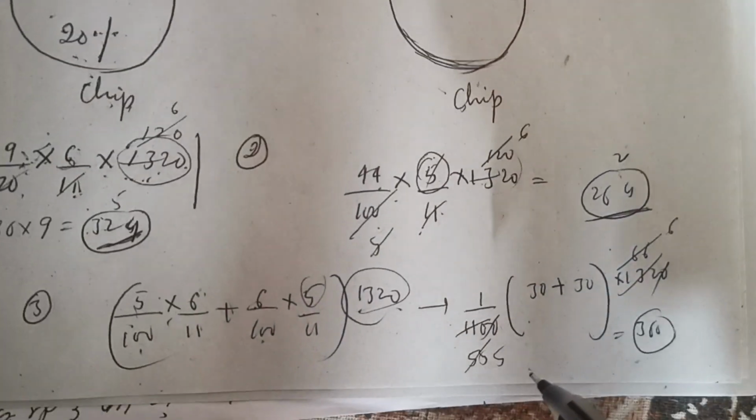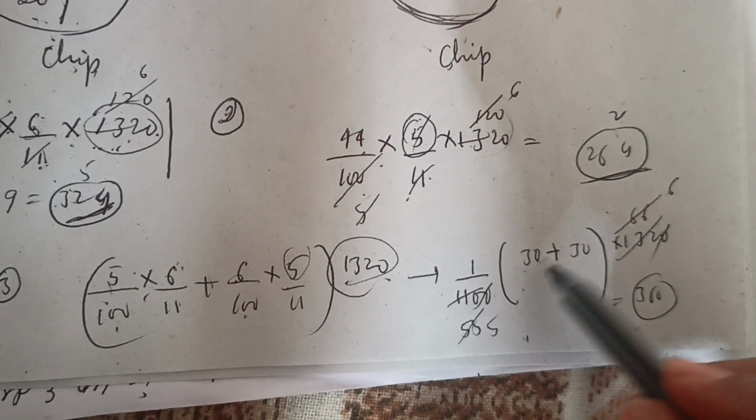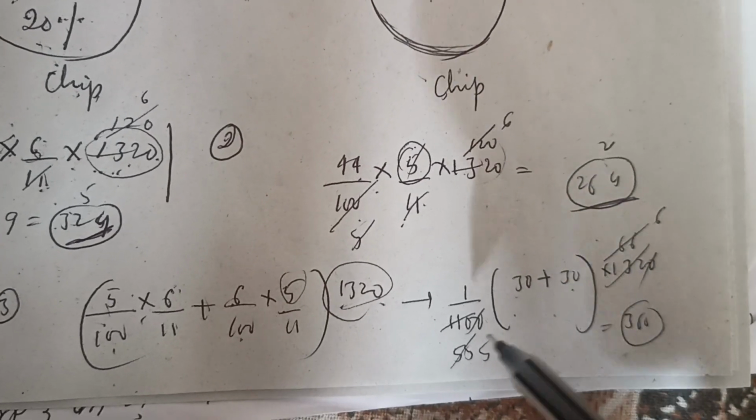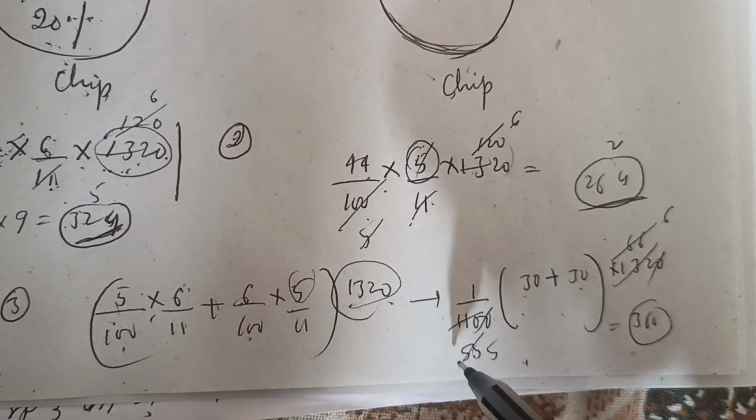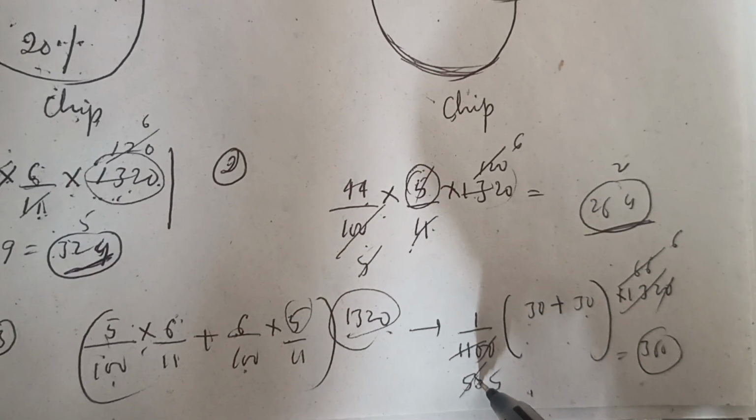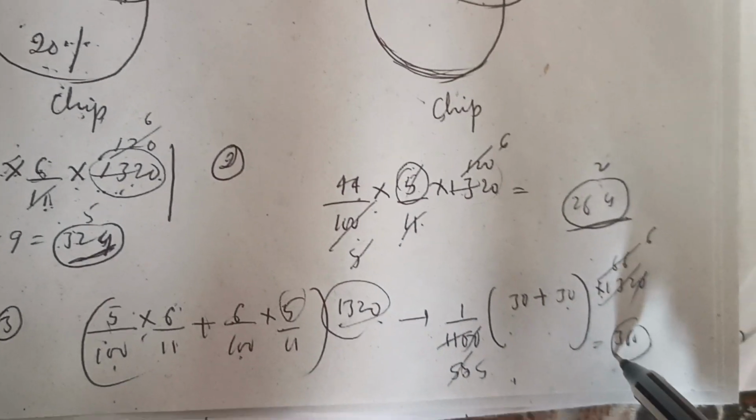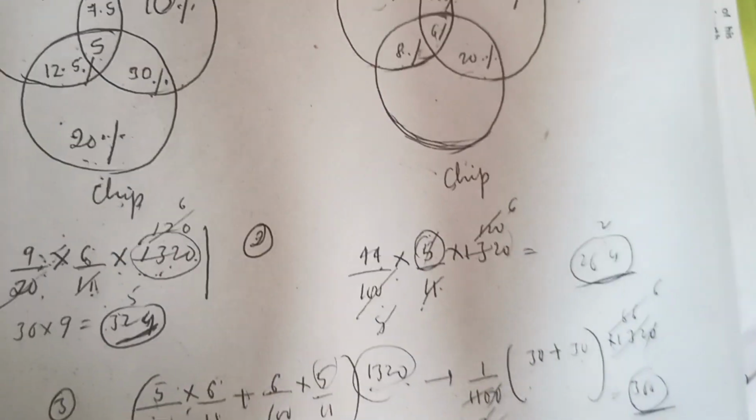After simplifying this, I will get 30 plus 30 will be 60, and if I use the multiple of 5, this gets cancelled, and I will get the answer as 360.